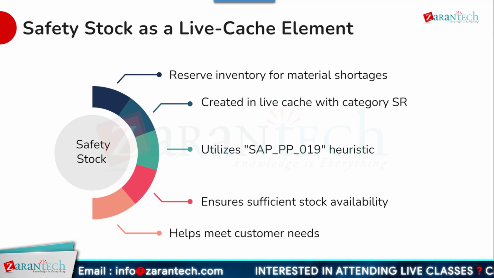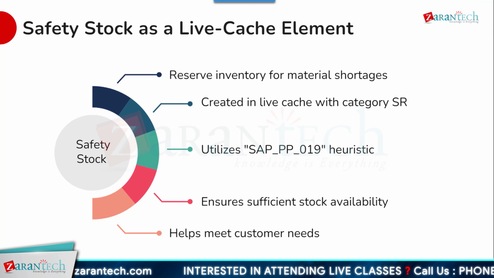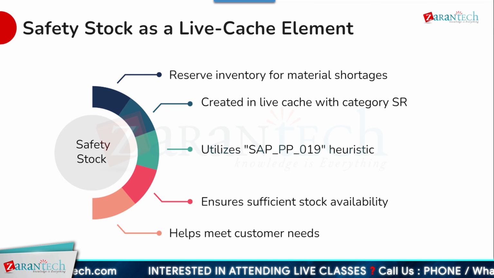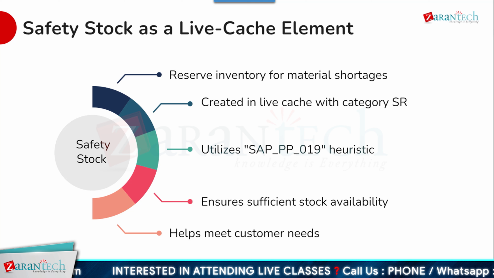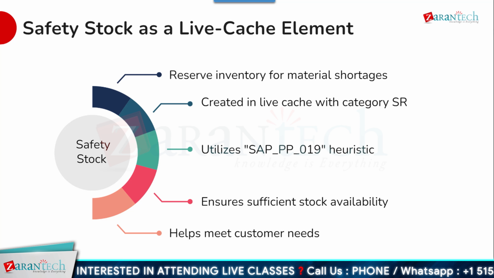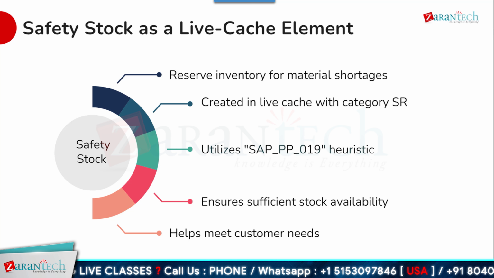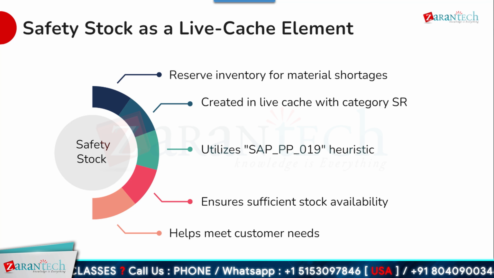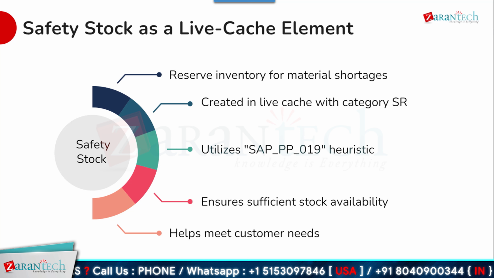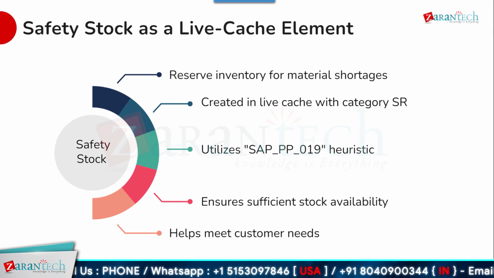Now, let us move on to the next, which is safety stock as a live cache element. So, safety stock is a reserve inventory that is maintained to mitigate the risk of material shortage. In PPDS, safety stock is created as a live cache element with the category SR. It basically utilizes the SAP PP019 heuristic to calculate the required safety stock levels based on demand variability and lead times.